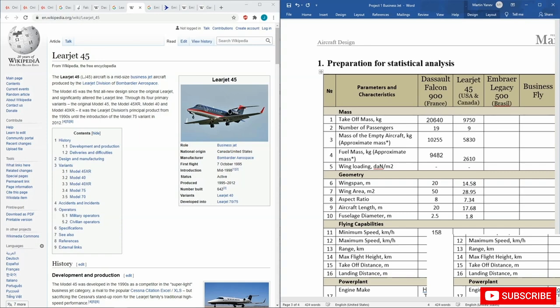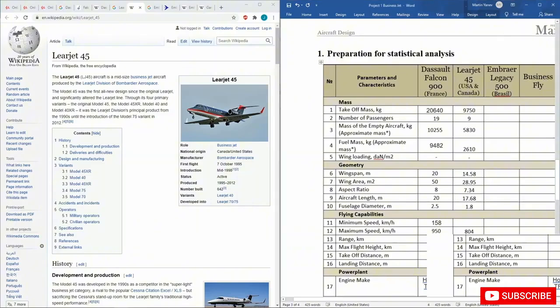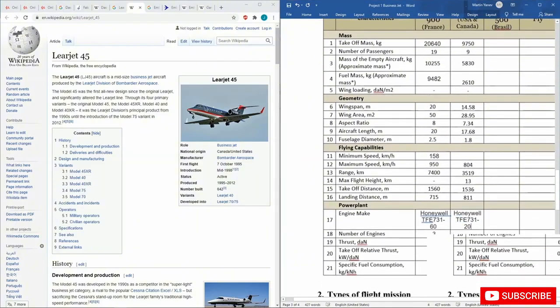The takeoff distance was 1,536, and the landing distance 811. And finally, they also used a Honeywell engine, which was the Honeywell TFE 73120. The aircraft had 2 engines. The thrust was 3114 and 0.32 was the relative thrust.